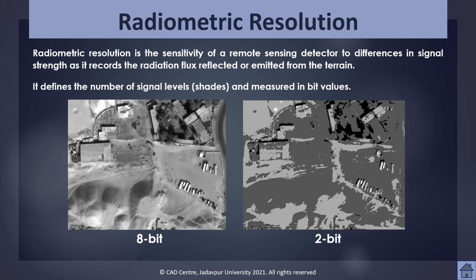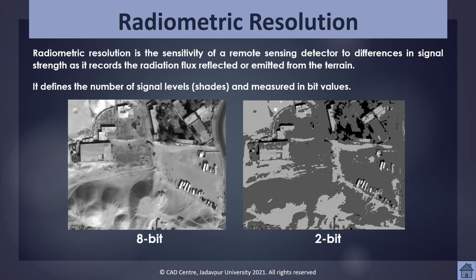Whenever an image is acquired on a film or on the CCD by a sensor, its sensitivity to the magnitude of the electromagnetic energy determines the radiometric resolution. Actually, radiometric resolution is defined as the sensitivity of a remote sensing detector to differences in signal strength as it records the radiation flux reflected or emitted from the terrain.